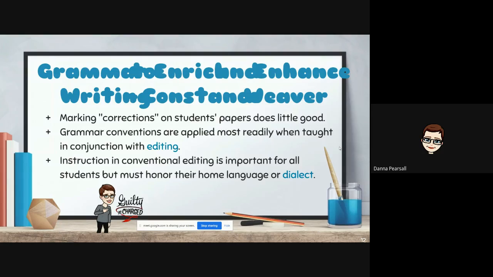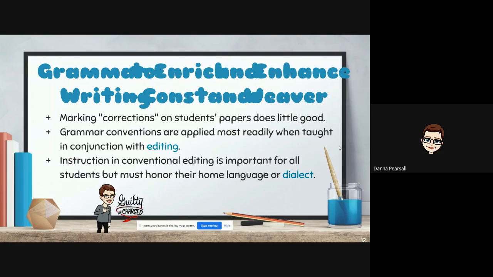And so that's where the writing conferences come in. So we're not just marking, hey, you should put a comma here, because what are they going to do? They're just going to put a comma there, and they don't care why. They're just doing it because you told them to.